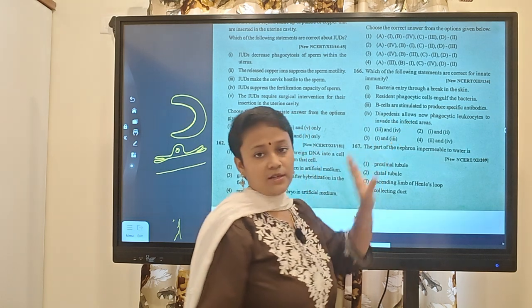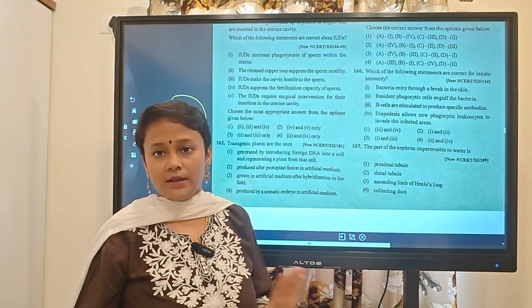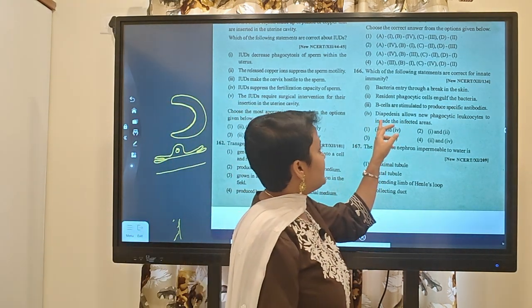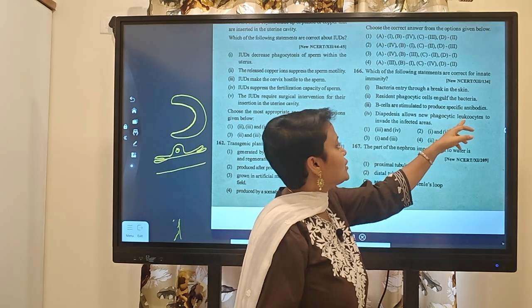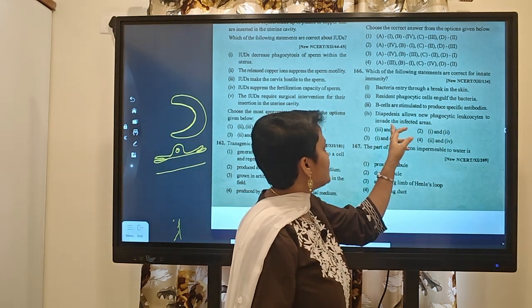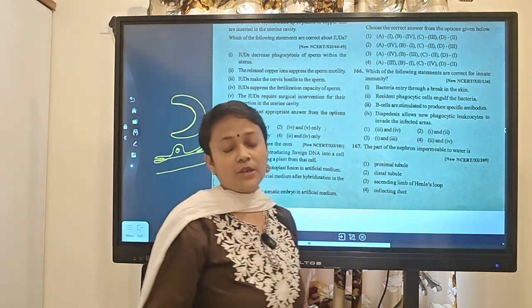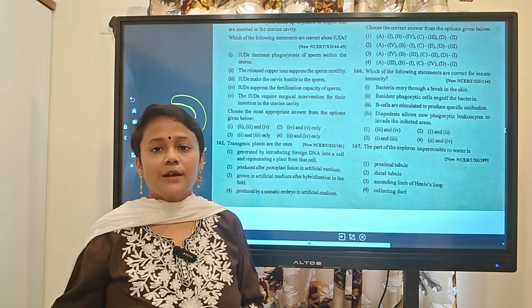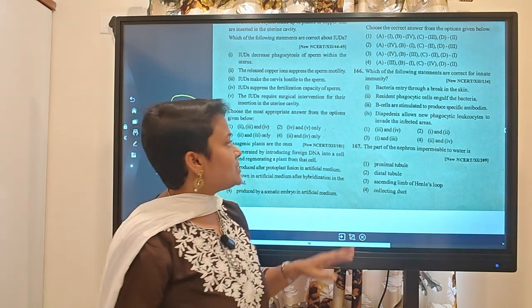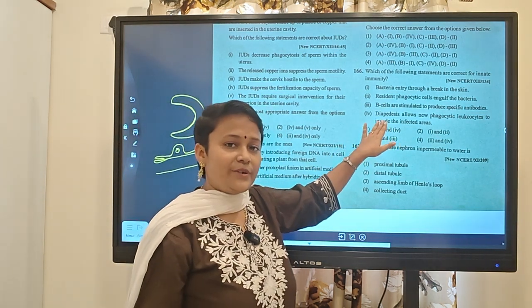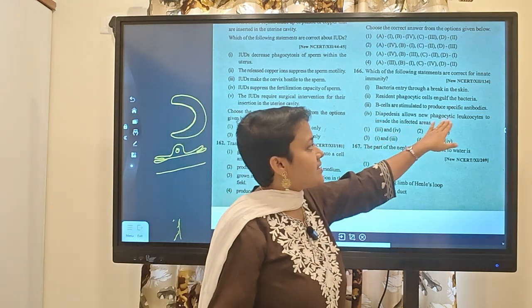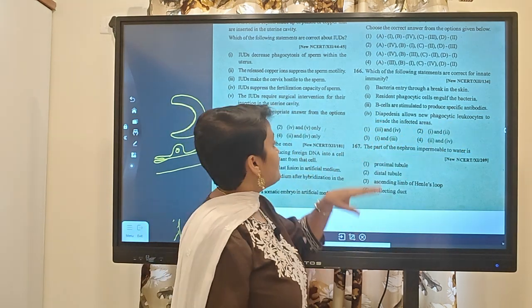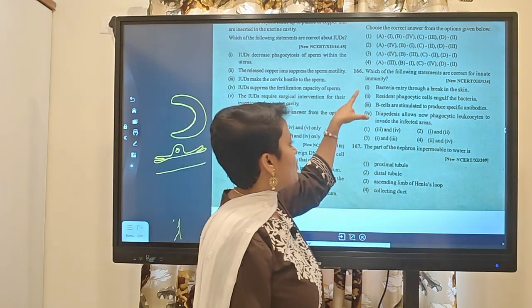B cell stimulated? No. B and T cells will come under acquired immunity. Diapedesis allows new phagocytic leukocytes to invade the infected areas. That diapedesis will not come under innate immunity. So it is partially correct, we can say, because they are talking about phagocytic leukocytes, but the most appropriate answer will be 1 and 2.